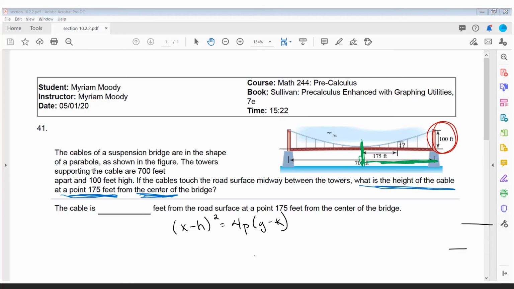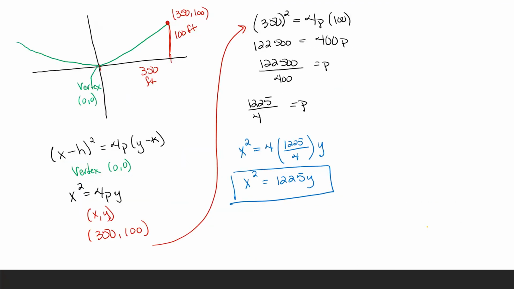They want to know this height right here at 175 feet across, don't they? Well, at 175 feet, isn't that a value of x? And they want to know the height, which is a value of y, isn't it? So technically that point would be (175, y). Agreed?